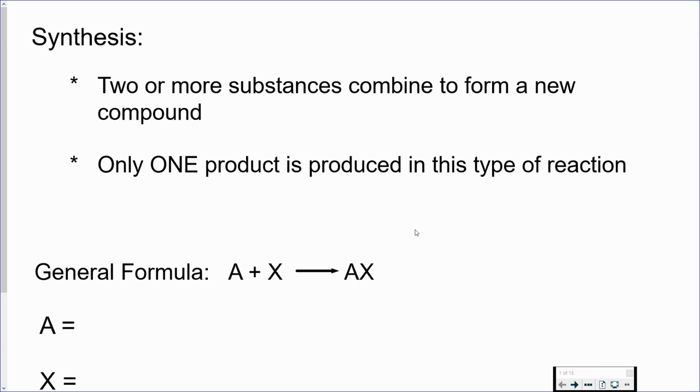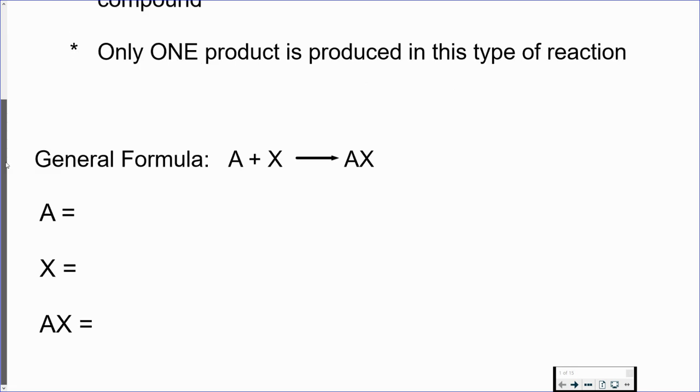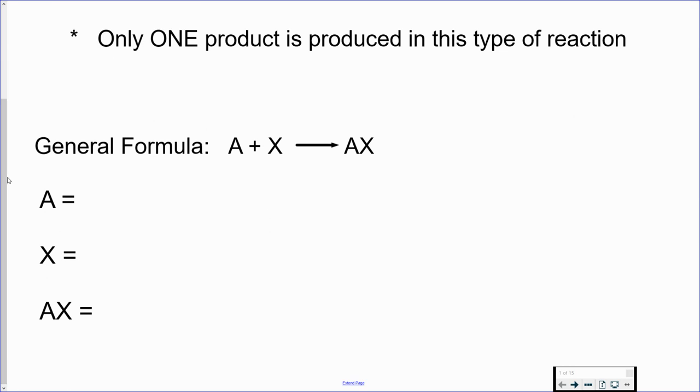So first and foremost, we're going to talk about synthesis. Synthesis is when you have two or more substances that combine to make one. They only make one product. So we have a nice general formula: A plus X goes to AX.